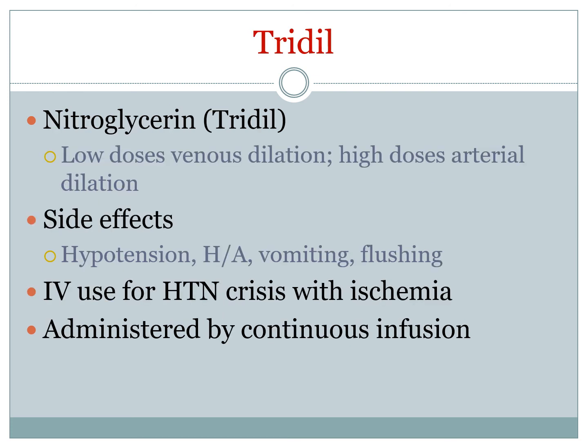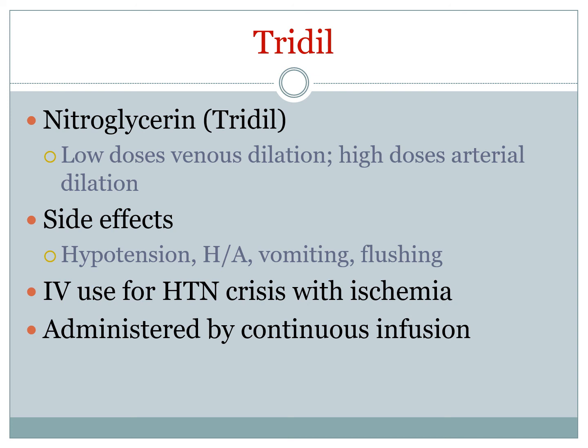Tridil, intravenous nitroglycerin, is used for the treatment of hypertensive crisis in patients who also have ischemia. So this is not uncommon. We see patients receiving IV Tridil. They do need to be monitored. They need to have their heart monitored during this process. Nitroglycerin, you are aware, causes venous dilation and lowers blood pressure.